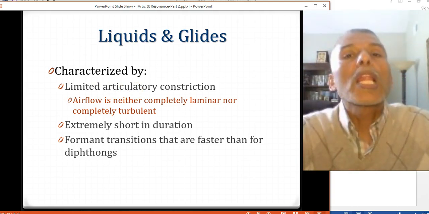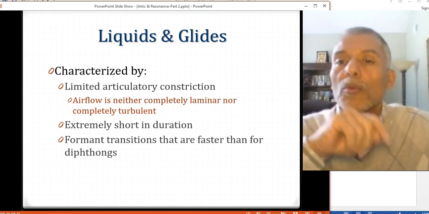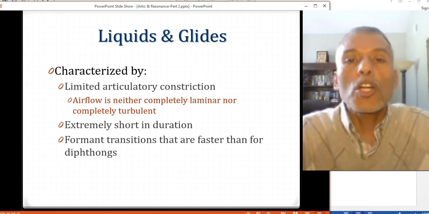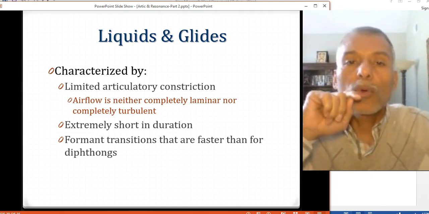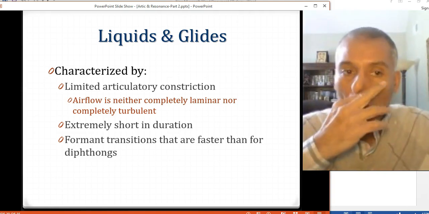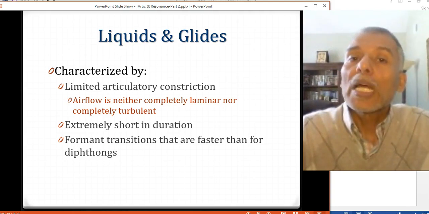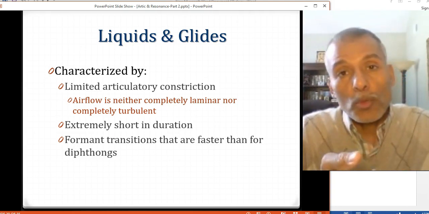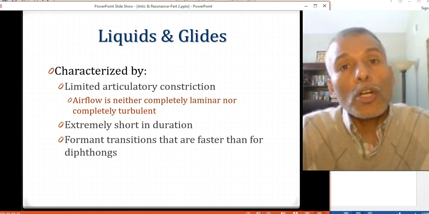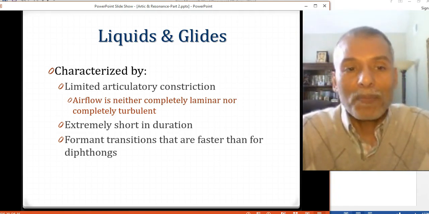When we say "l," the air is going out from both sides, and with "r," from both sides as well and over the top of the tongue. So the airflow is neither completely laminar nor completely turbulent. But you can continue each one. You can't continue a sound like p and b, for example.